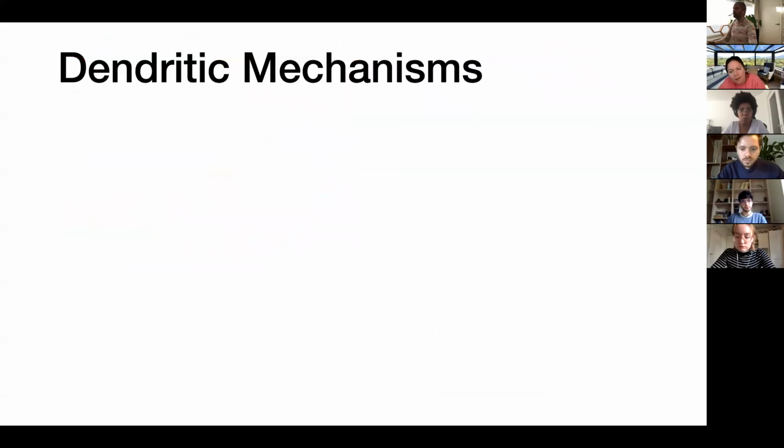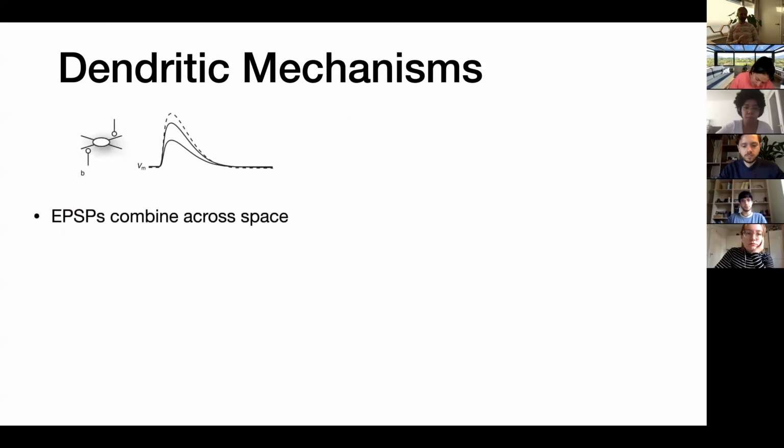Now, what types of mechanisms are there as these EPSPs and IPSPs are thunderstorming onto this dendritic tree? What are the dendritic mechanisms that make the neuron either fire or not fire? One important thing to realize is that if multiple excitatory synapses fire at the same time, these EPSPs will combine across space.